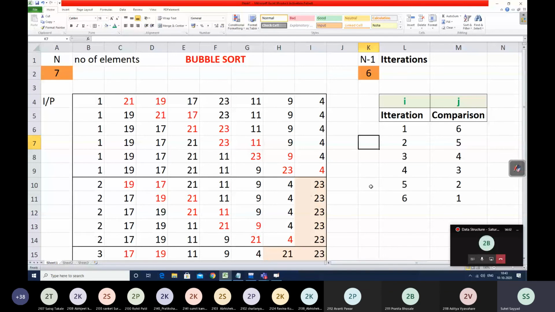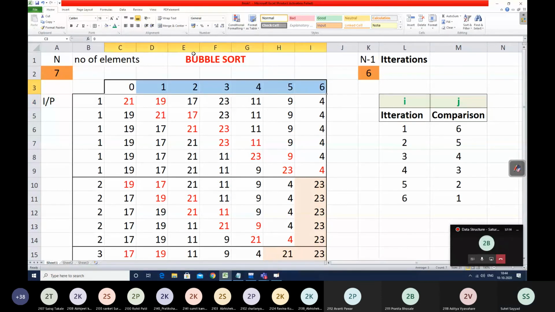So look at these indices. This is our array, right? I'll write the index of the array at the top position over here. So this is our array index.